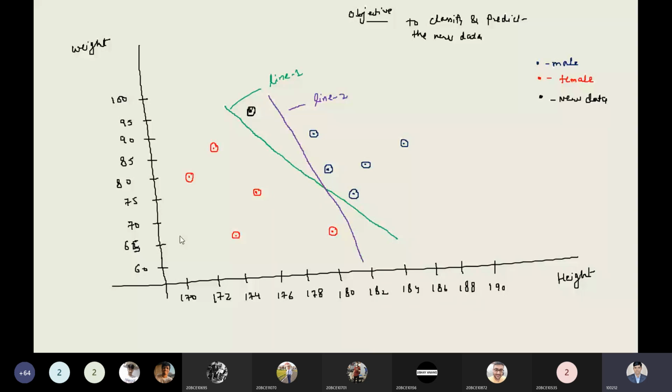Parallelly, I will draw something here. My drawing will not be good, but I'm just explaining. If I'm choosing line one, I need to draw everything properly.